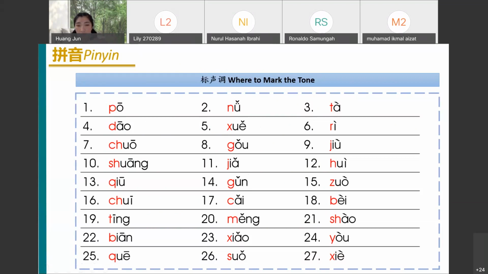Number 13. Okay, some people ask about number 13. Let's all look at number 13. For the final over here, why don't they put the letter E, they put the letter U here? Does anyone know why? Because of the special rule. Yes, for number 4, special rules.